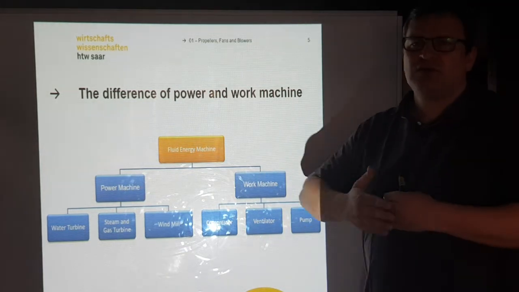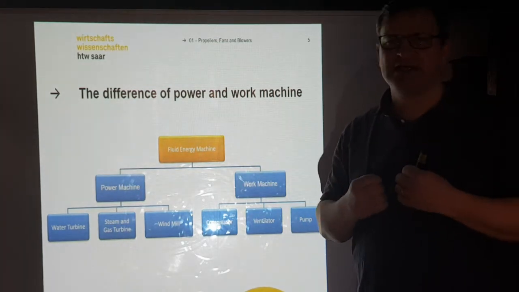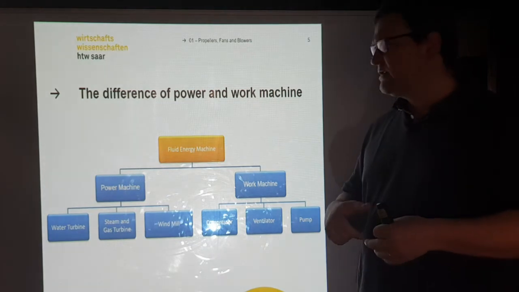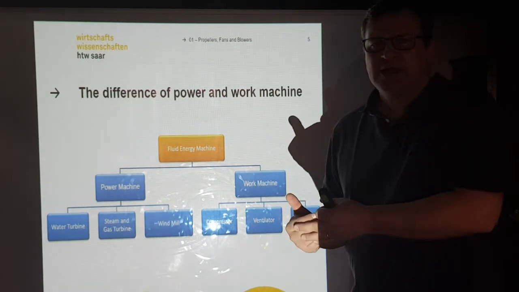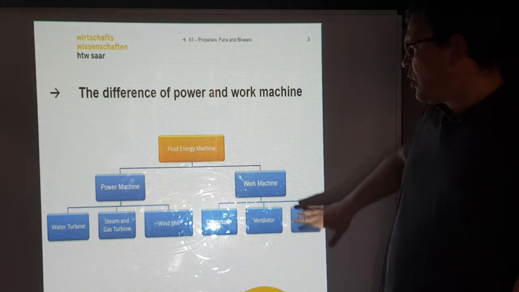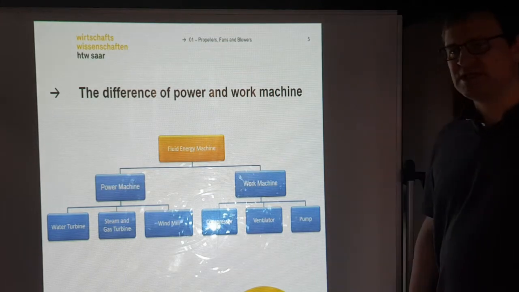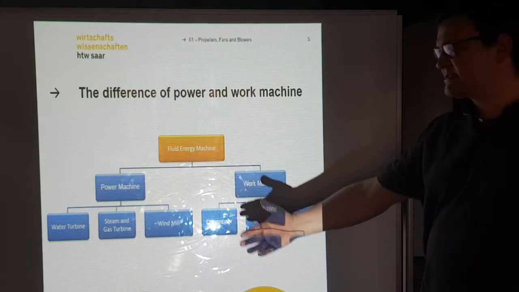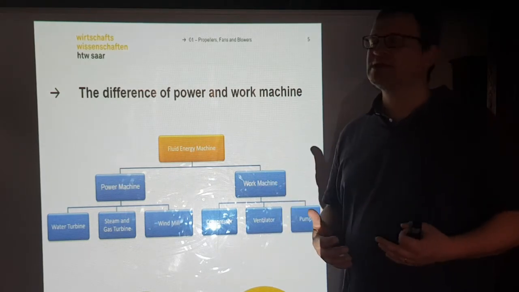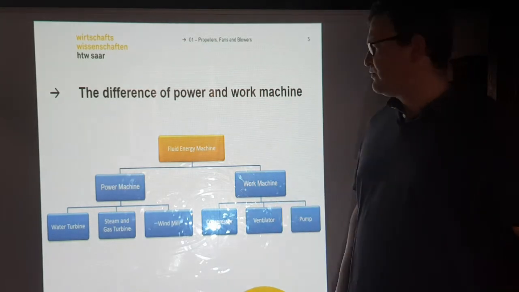You have a flowing fluid, water, and the energy is stored in this flow of the water, and then it comes into the turbine and will be converted into electric power. Or for example, steam and gas turbines are also power machines.